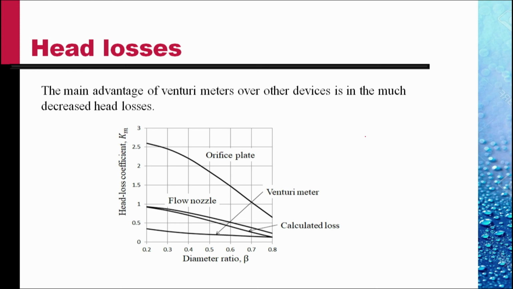The main advantage of a Venturi-meter over other devices is their much decreased head loss. The head loss coefficient for a Venturi-meter is way below that of flow nozzles and the orifice plate.